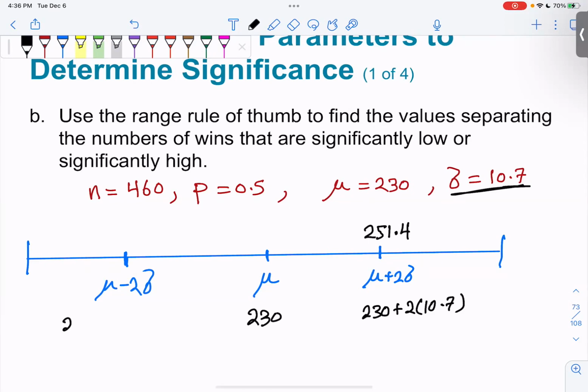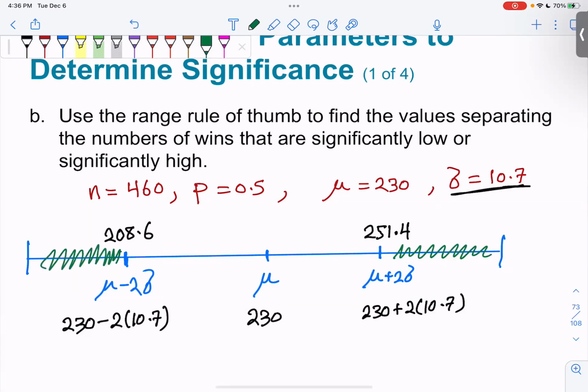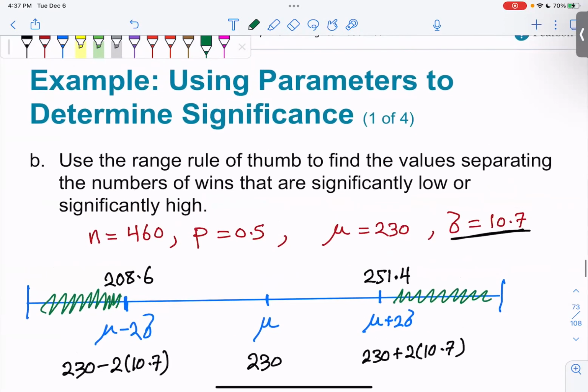And then we have the same on the other side, minus 2 times 10.7, which is 208.6. So any number greater than 251.4 is a significantly high number of successes, and any number less than or equal to 208.6 is a significantly low number of successes.